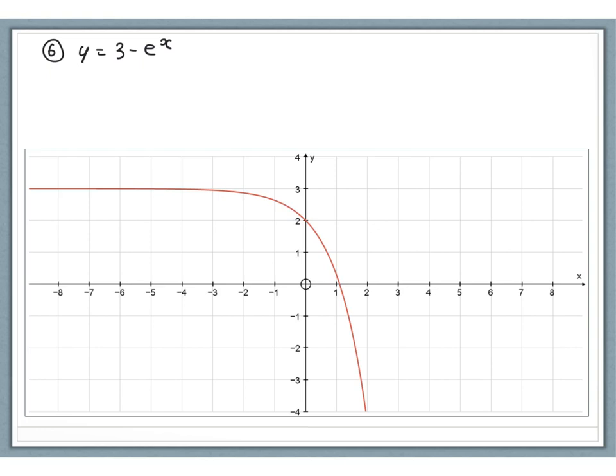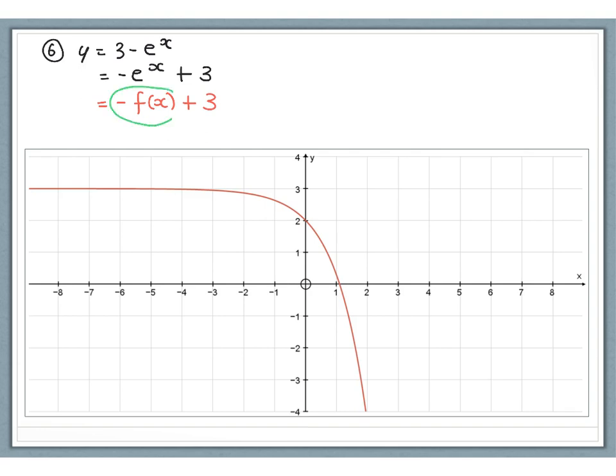Number 7, y equals 3 minus e to the x, which it can be easier to work out what's happened here by rewriting it as y equals negative e to the x plus 3, which is negative f of x plus 3. So this is a combined transformation, and it is a combined transformation in which the order of the steps matters.